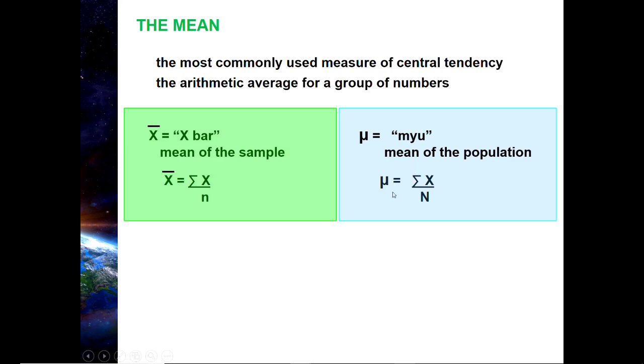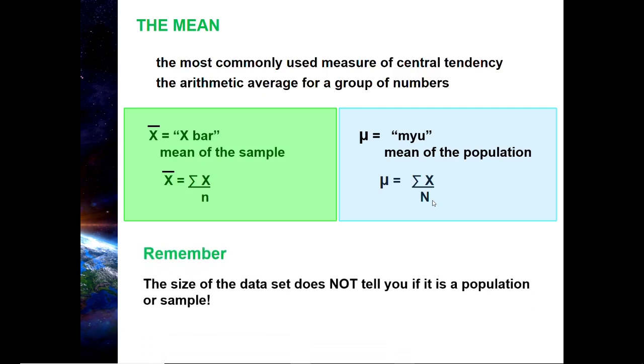The mean of the population would be adding up all the scores in your population and dividing by the population size, which is by convention represented by a capital N. This is a lowercase, obviously. So if you had 100,000 people in your population and you tested all 100,000 people, then the N is 100,000. So you would add up all the scores in the population and divide by 100,000, the number of scores.